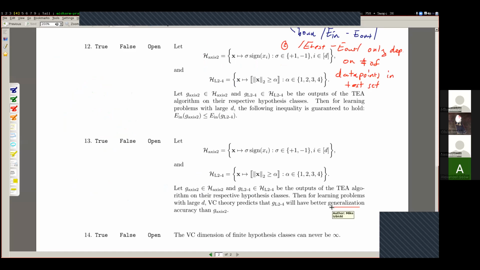Sometimes I might use words, sometimes equations, and you'll have to understand both. It's actually saying generalization accuracy, so I'll have to be a little careful here. Generalization accuracy is 1 minus the generalization error.